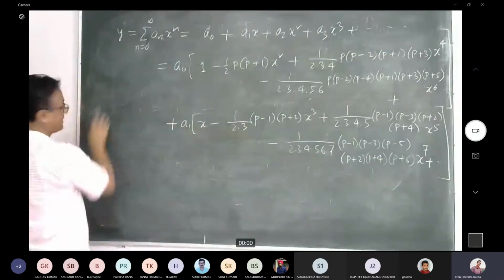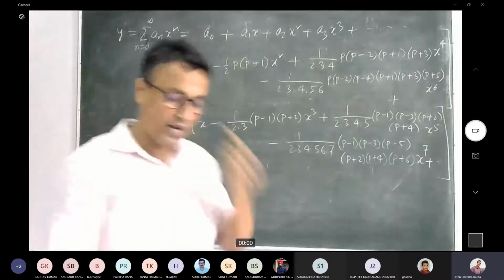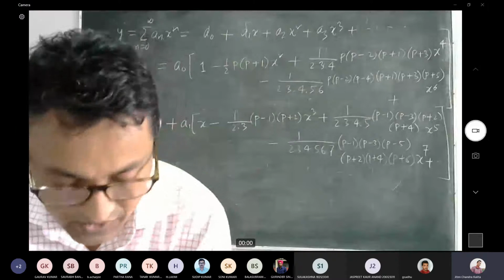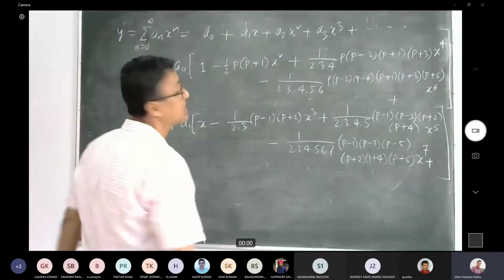What is happening here? Beforehand, I had assumed that p is non-negative.